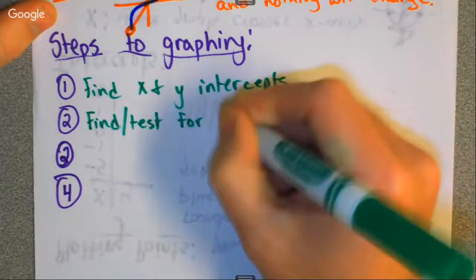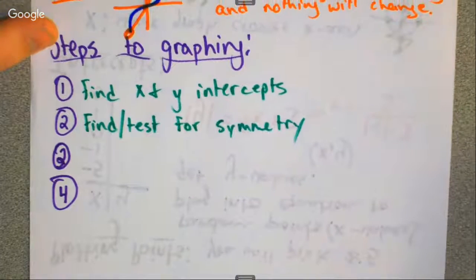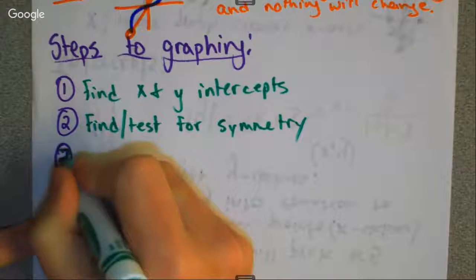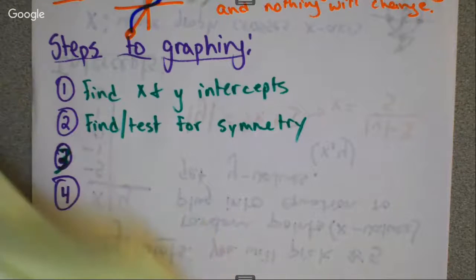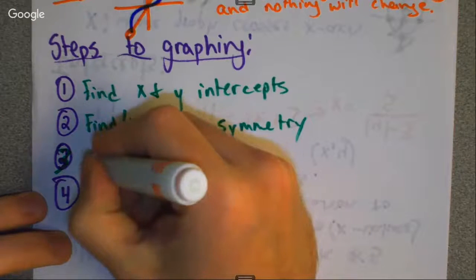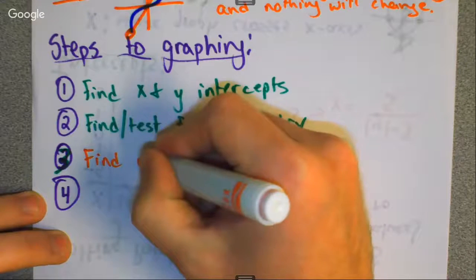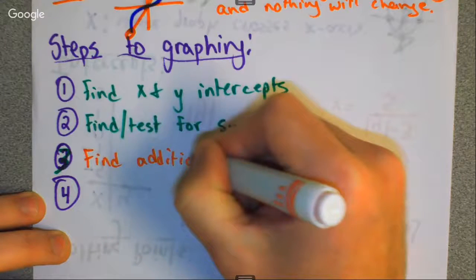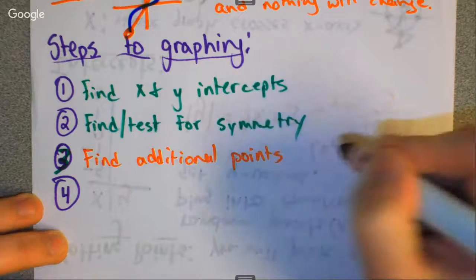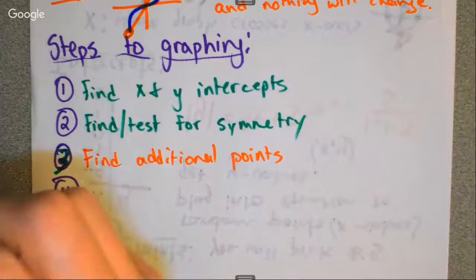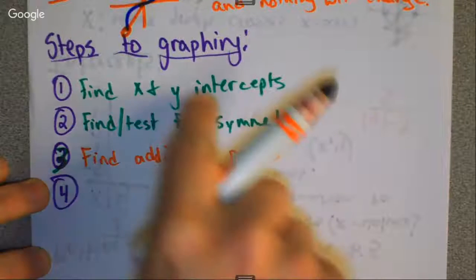That will be very handy for step 3, where you're going to find additional points. We'll base what points we have on the symmetry and the intercepts.